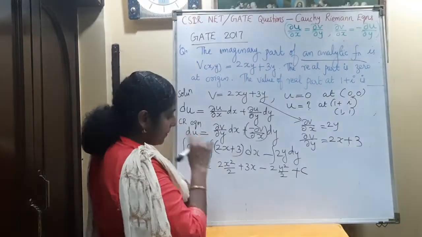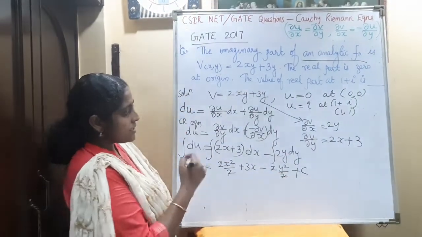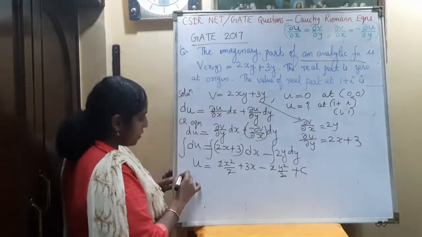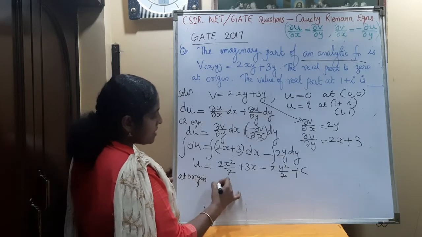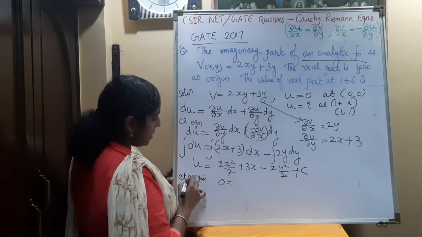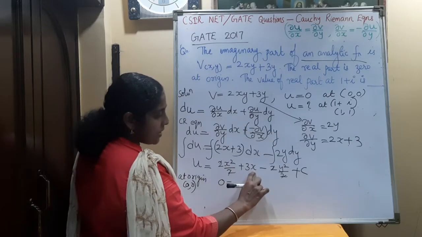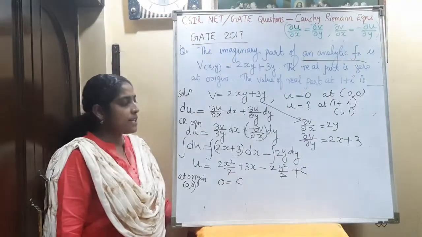It is given that u is equal to 0 at the origin, so x equal to 0 and y equal to 0. These terms will be 0, so the constant c is equal to 0.